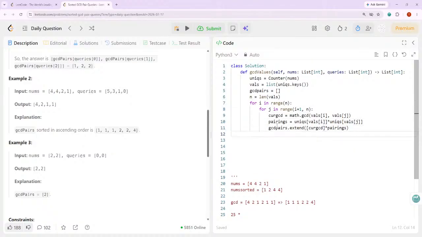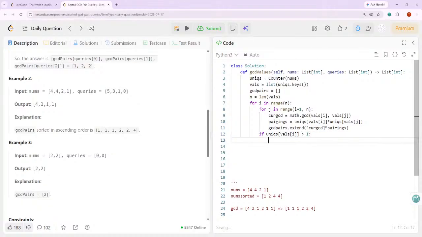And then if the number of times the value i occurs is more than once, so it's greater than 1, then it can pair with itself. So how often would it pair with itself?